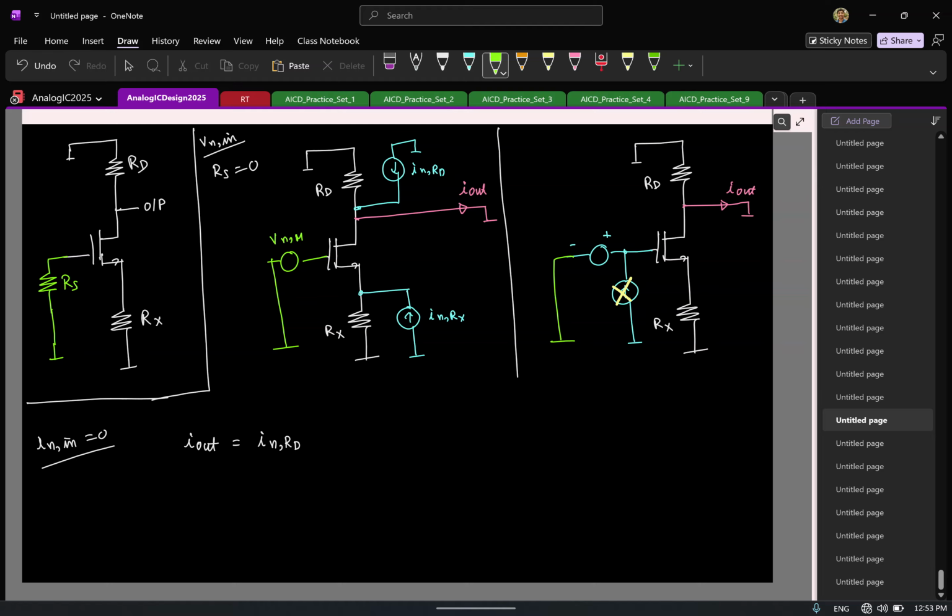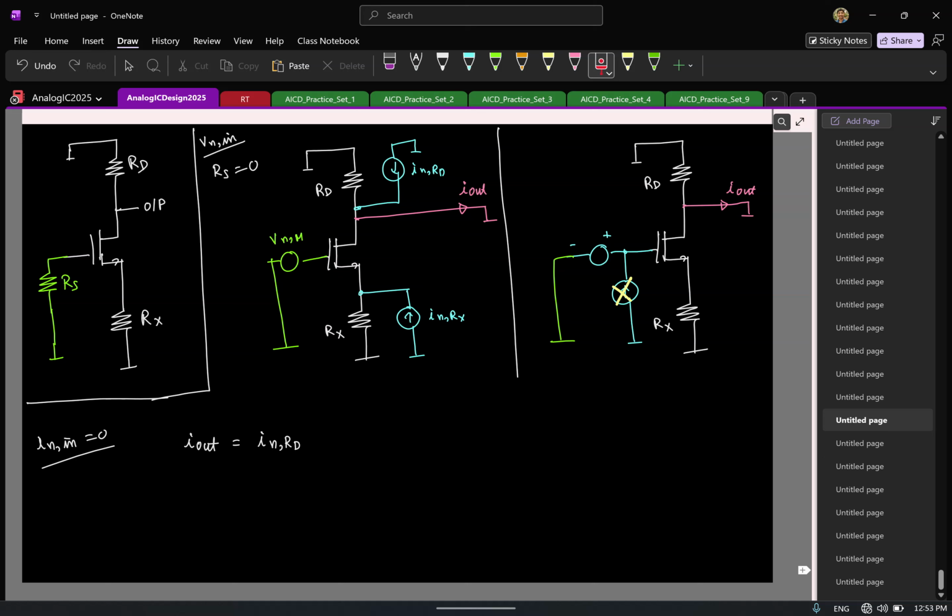If I were to find the overall input referred noise for the overall circuit, that will include this directly, because you're trying to refer all of the noise to an equivalent voltage source at the gate. For the MOSFET, the noise itself is modeled as an equivalent voltage source at the gate, so this will directly appear in your overall input referred noise voltage.